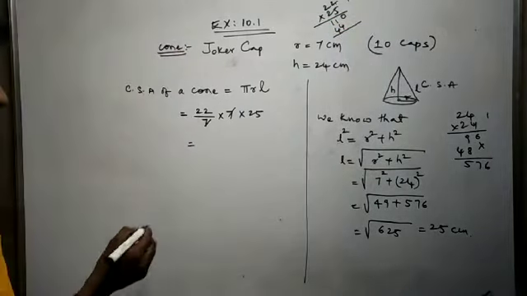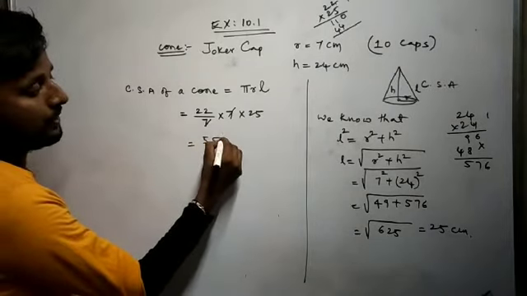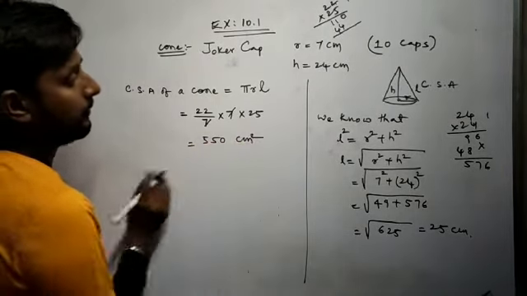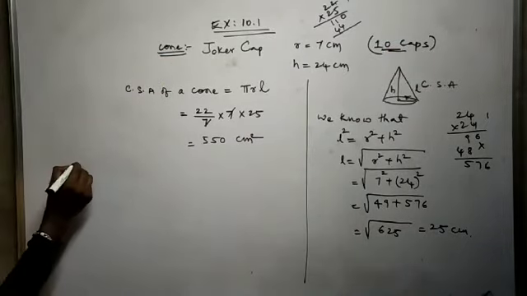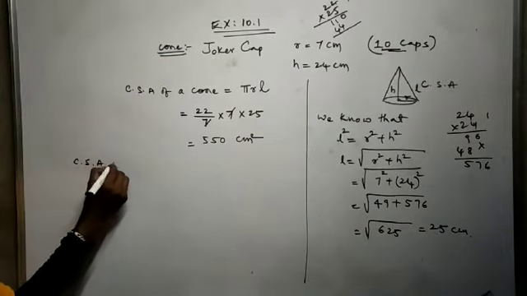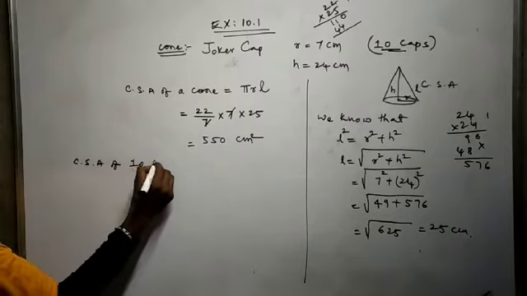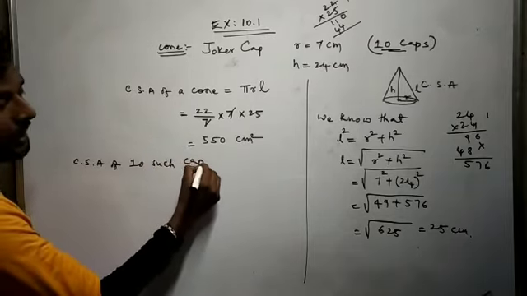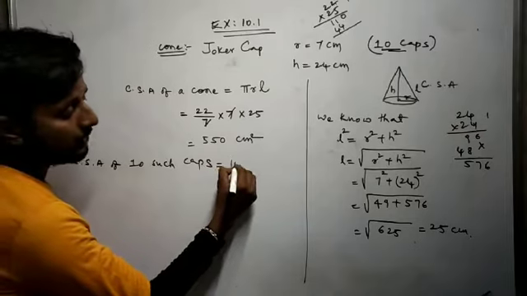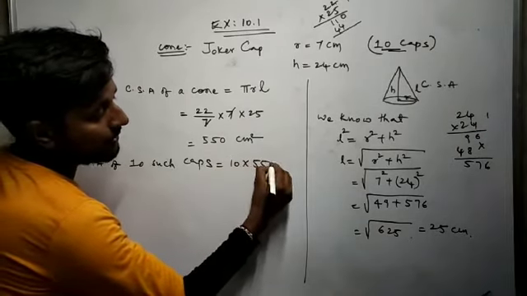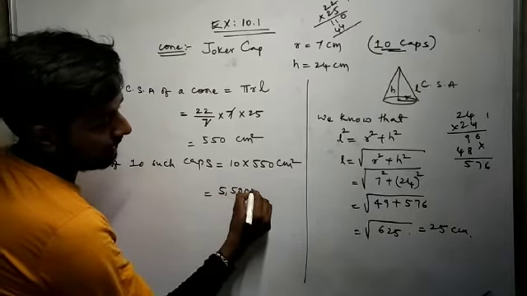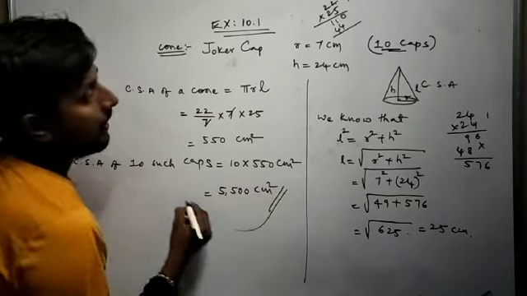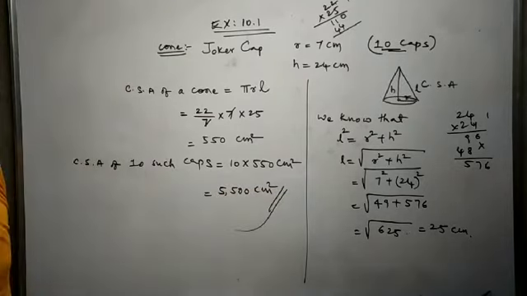So 550 centimeter square. But we need 10 caps, so the CSA of 10 such caps is 10 into 550, which is 5500 centimeter square.